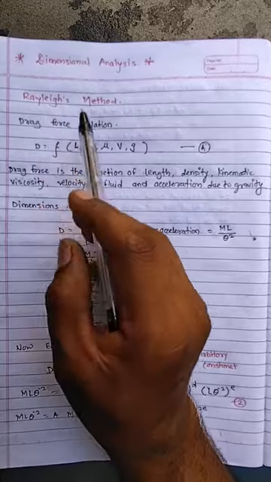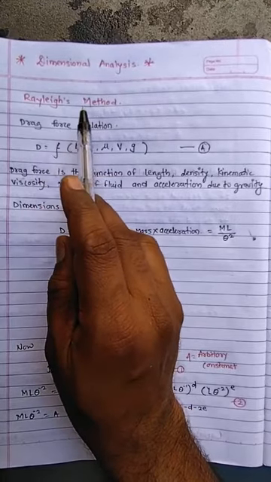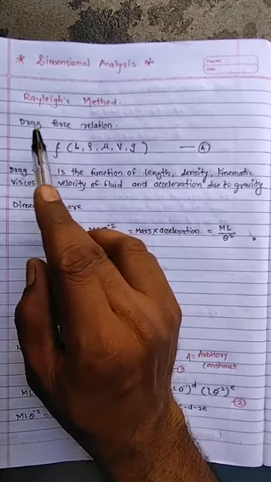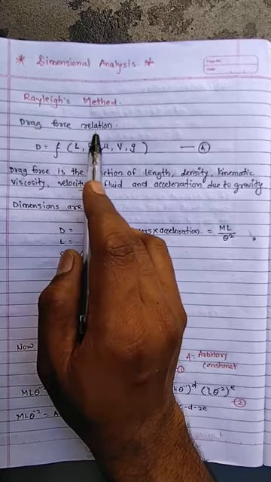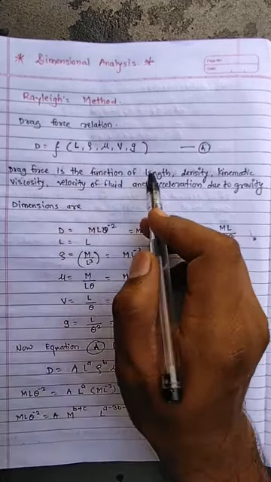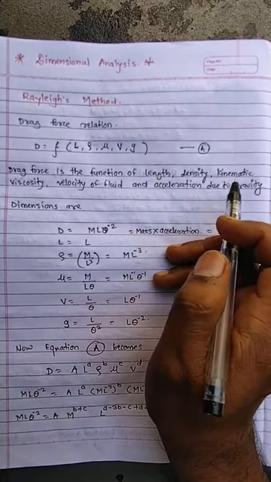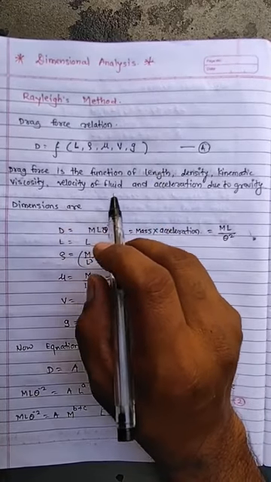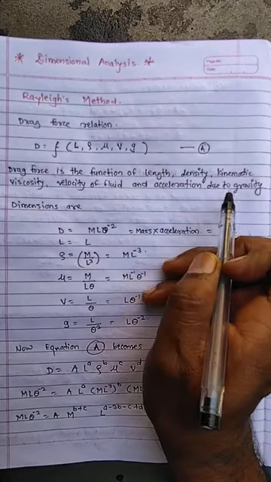To understand the Rayleigh method, we have considered here the drag force relation, and we know that the drag force is a function of length, density, kinematic viscosity, velocity of fluid, and acceleration due to gravity.